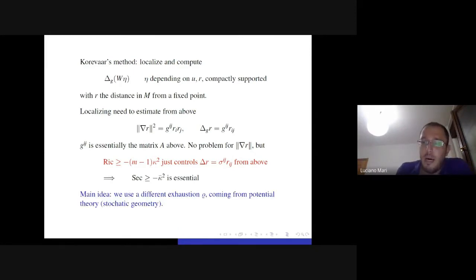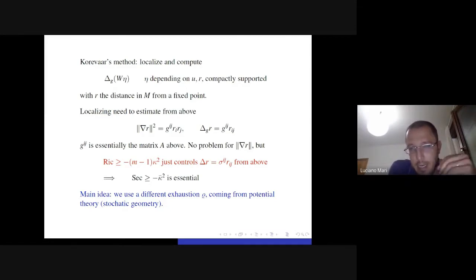We want to avoid this point, and to this aim, we want to replace R with a different exhaustion function. An exhaustion function, also called a proper function, is a function that goes to plus infinity as you diverge in the manifold M. So we want to create a different exhaustion function, and to this aim we use potential theory. We use stochastic geometry.